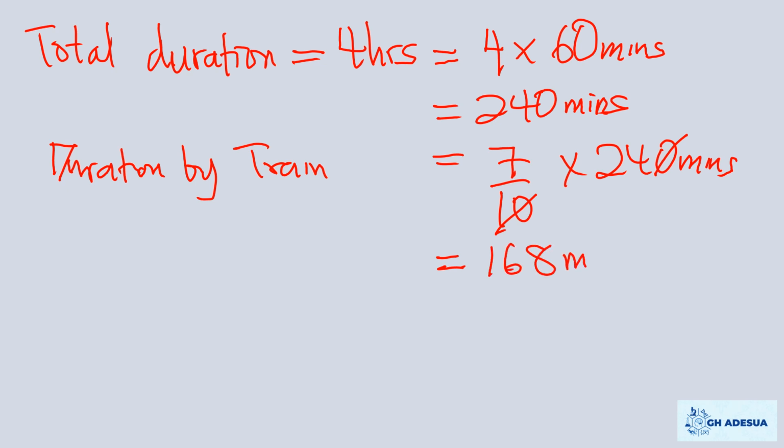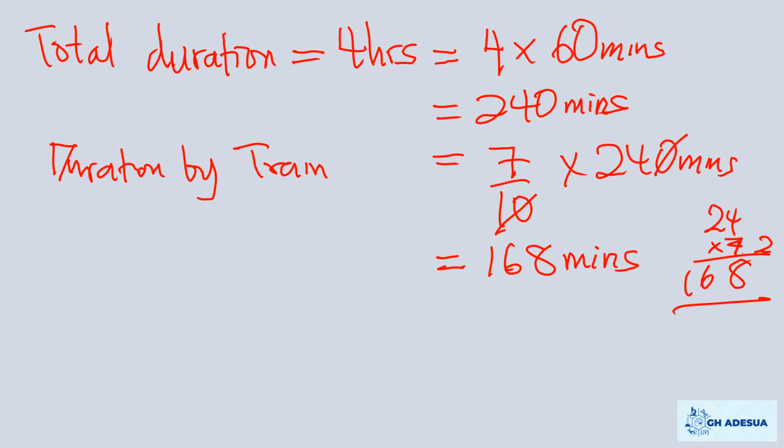I expect that you can do this with your regular calculation, that is doing 24 times 7. 7 4s are 28, 2 7s are 14 plus 2 is 16. So 168. So the duration by train is 168 minutes.